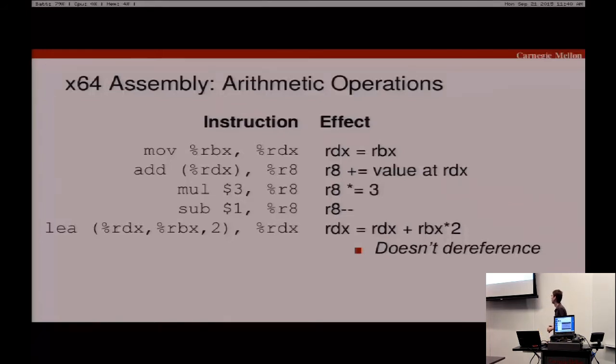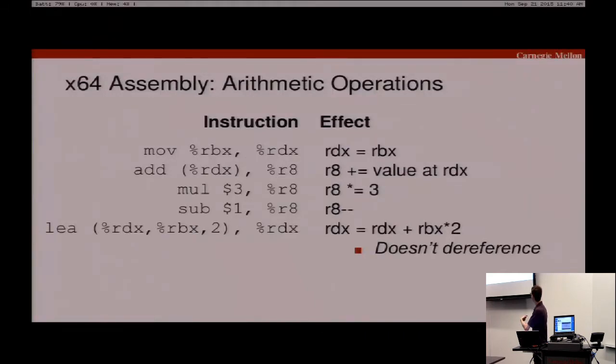We're using the AT&T format for assembly everywhere, and one thing about AT&T format that can be a bit confusing is that all the instructions are organized as instruction, source, destination. So when you say move RBX RDX, that means move RBX into RDX. The new value of RDX is equal to the current value of RBX.